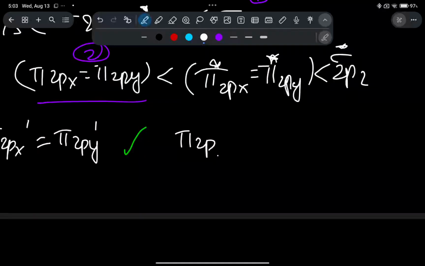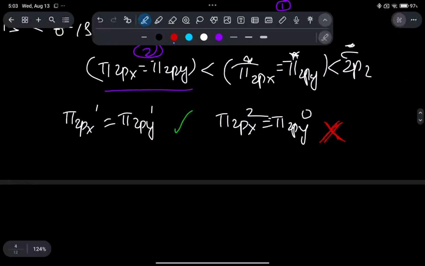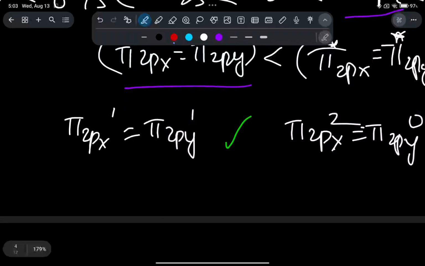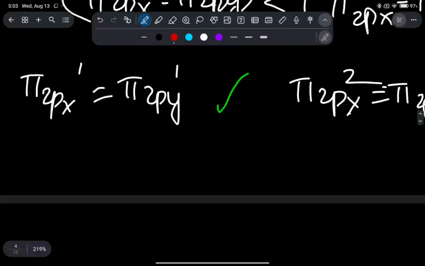Pi 2px is equal to pi 2py, but if here I am writing 2 and here I am writing 0, it's wrong. So you should fill the values singly in each orbital first, and after that you should fill the second one, in a particular order.